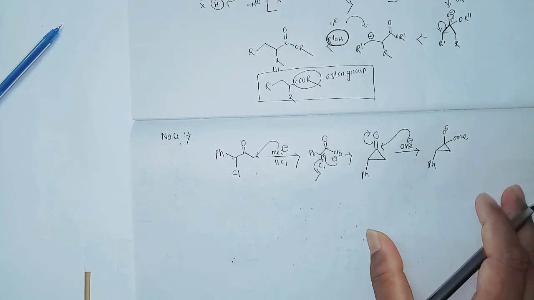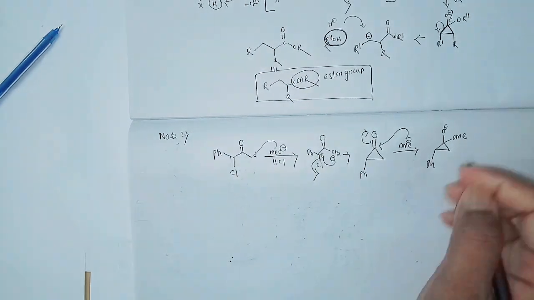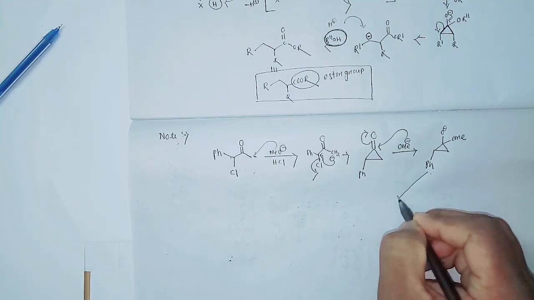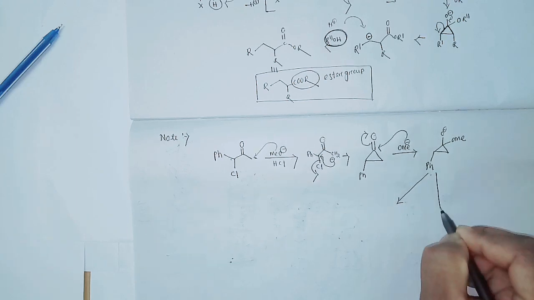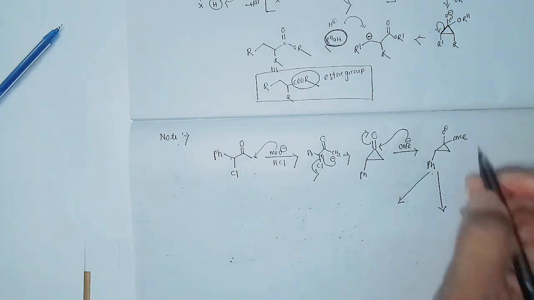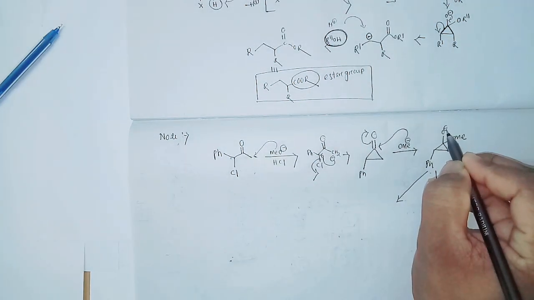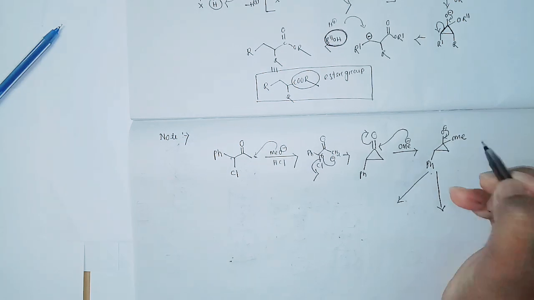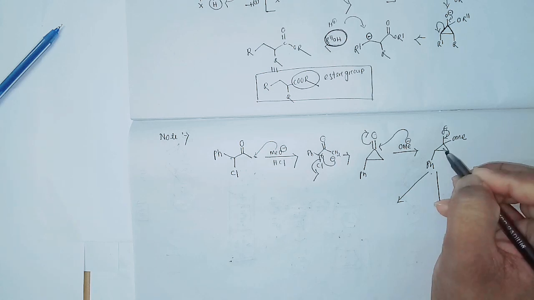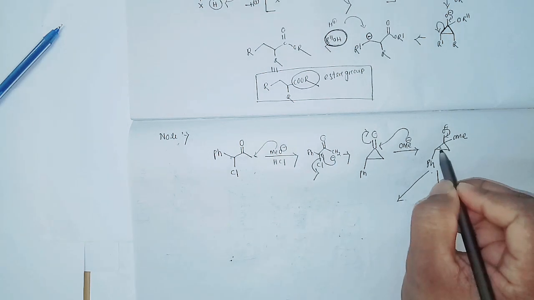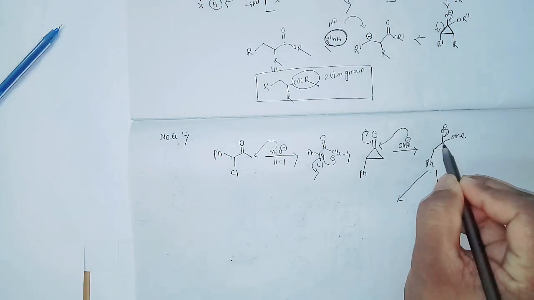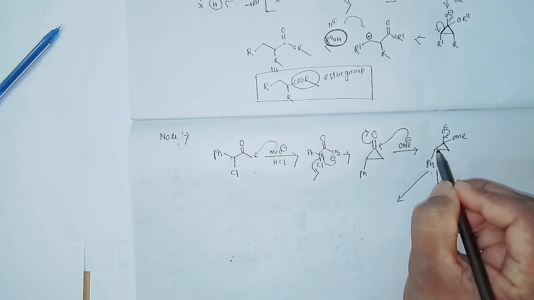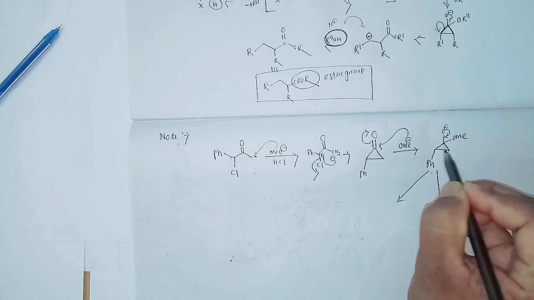In this case two cases can occur. For example this negative charge will shift towards the carbon oxygen bond, then this bond will break and this side also breaks.